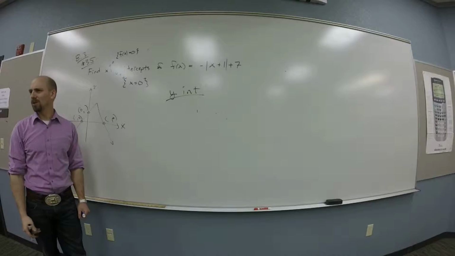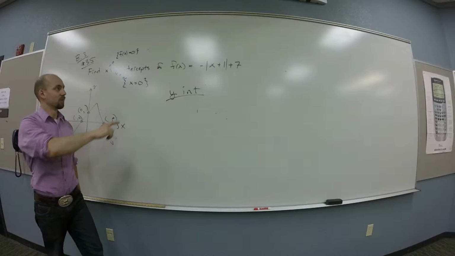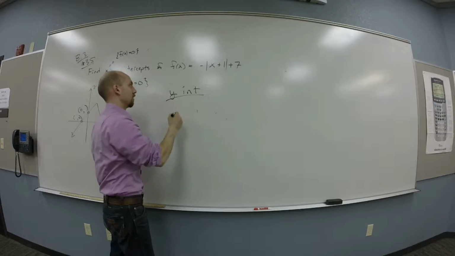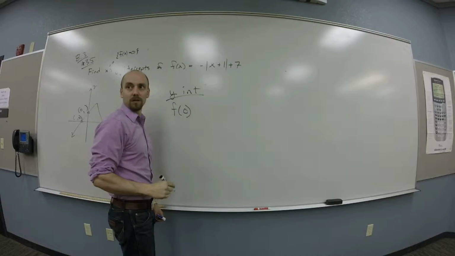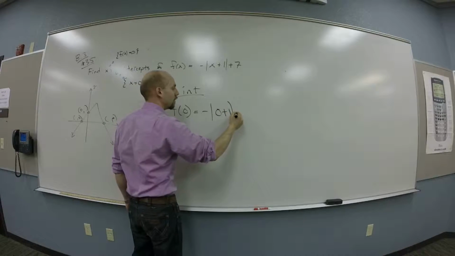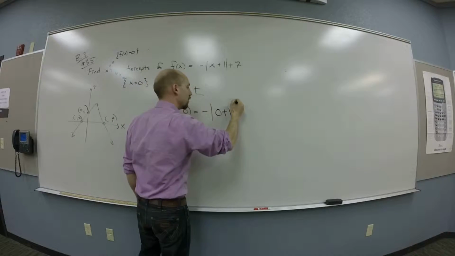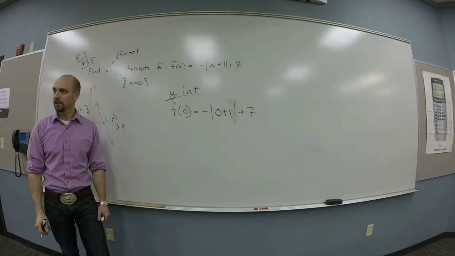Okay, so to get the y-intercept, when x is 0, what's y? Yes. So I'm looking for f of 0, right? So this is minus the absolute value of 0 plus 1, plus 7. So what do you get out of this?